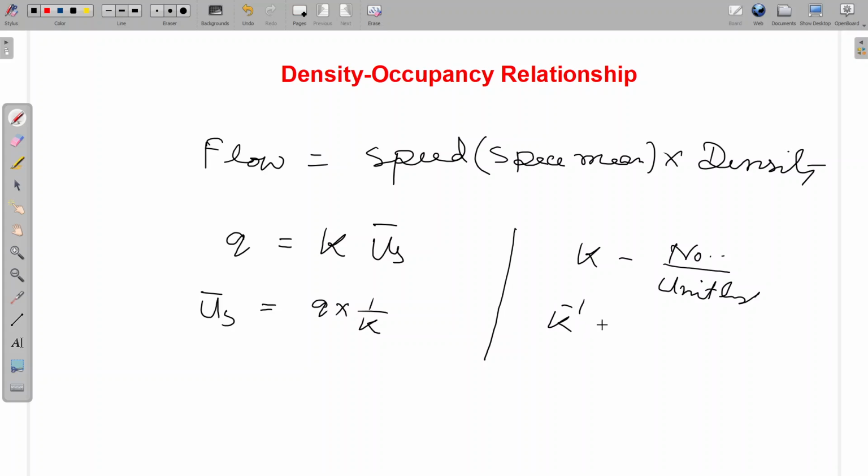So what is the inverse of density? 1 upon density is nothing but unit length divided by the number of vehicles.